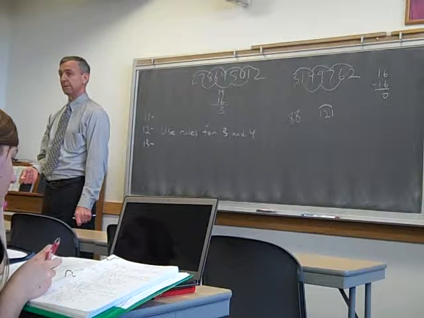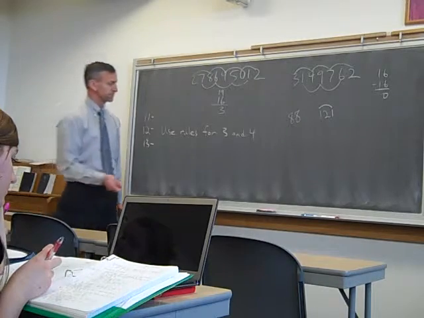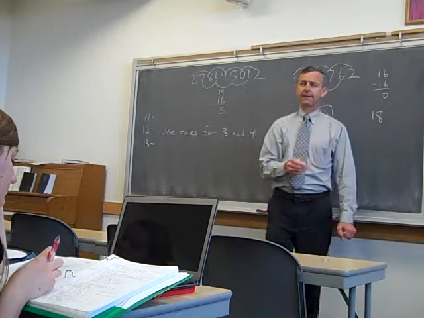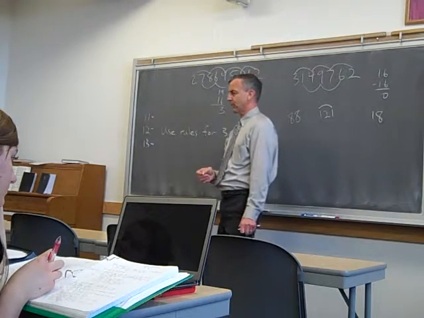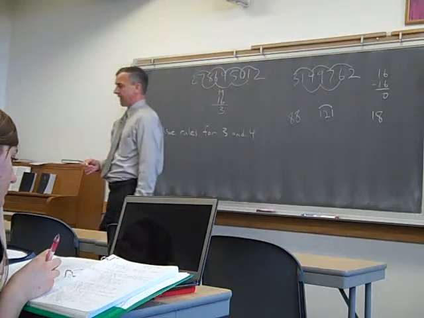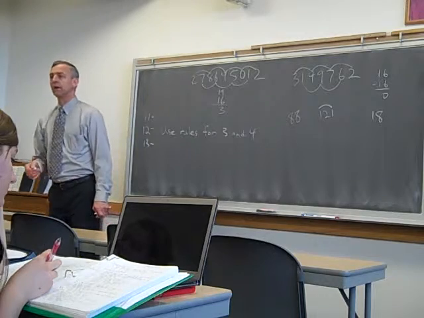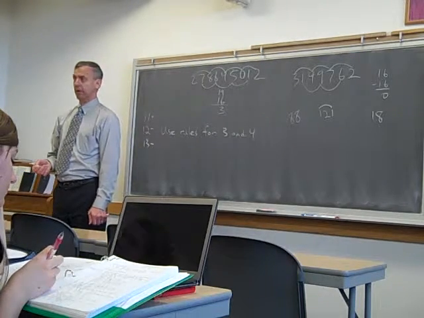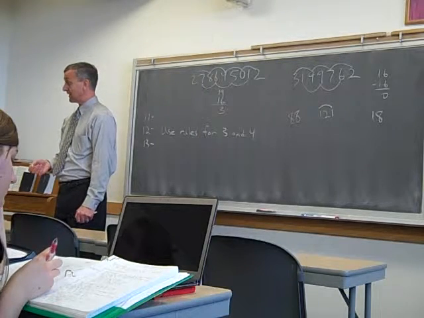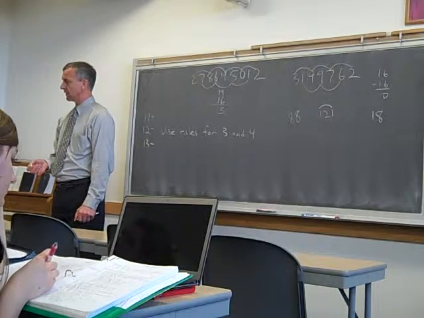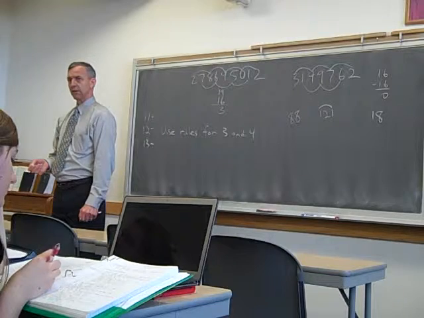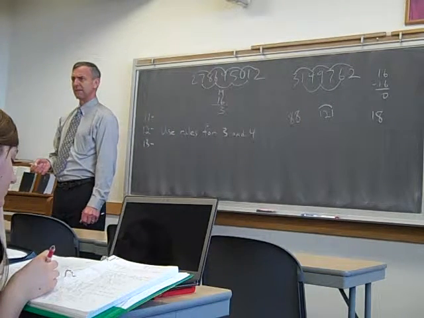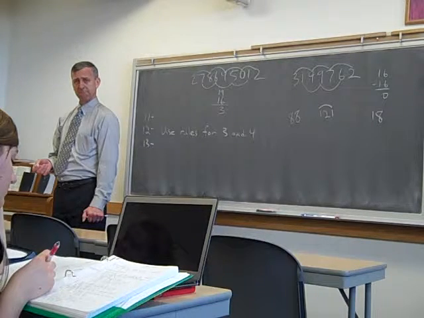And then for 18, what should we check? 6 and 3. Okay, I'm thinking of the number 24. Does 3 work? Yes. Does 6 work? Does 18 work? So we can't use 3 and 6 for 18. 2 and 9.